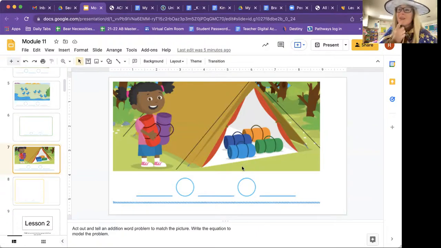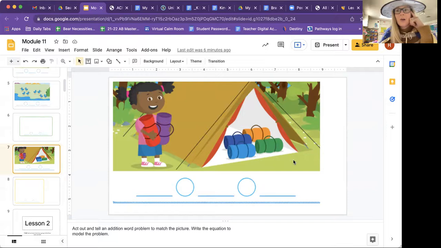All right, you can come up with your own word problem, but it needs to match the picture. What that means is your word problem shouldn't be Zoe goes camping and she took 3 sleeping bags and then 2 more, right? Because does that match the picture? It needs to be 4 and 2 more, right?